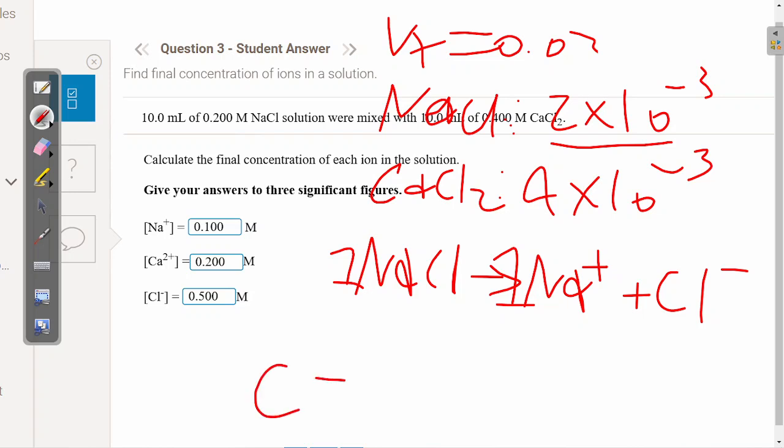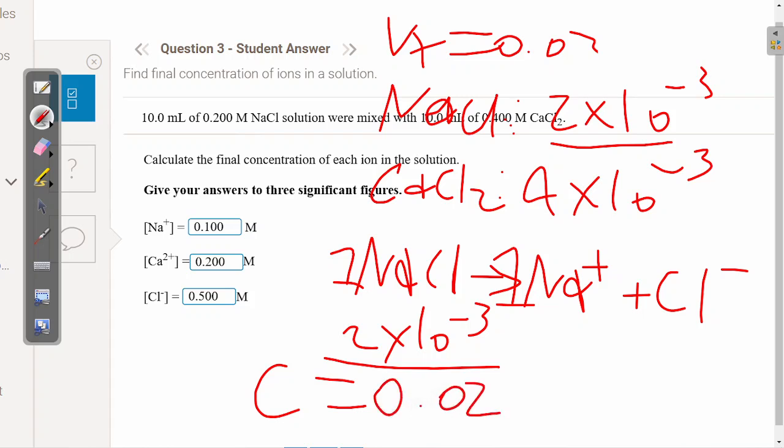So use C equals n over V, right? The moles is 2 times 10 to the negative 3, because it's 1 to 1, it's the same as NaCl. Over the total volume, it's 0.02. It will be equal to 0.1.